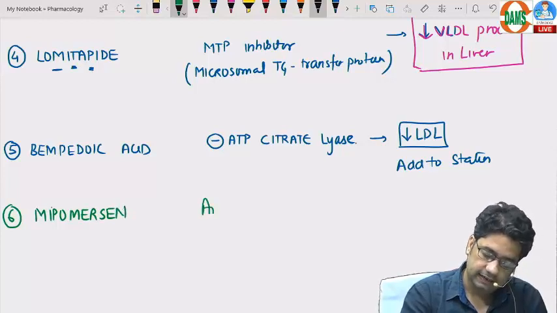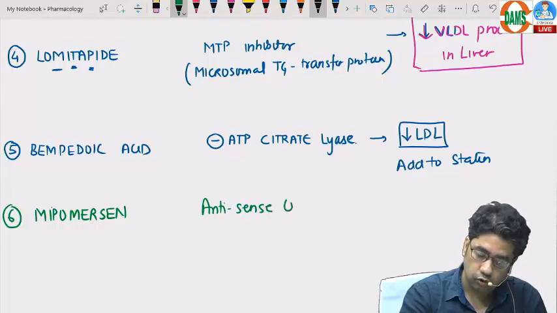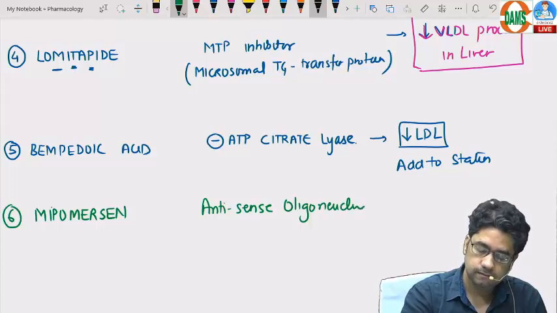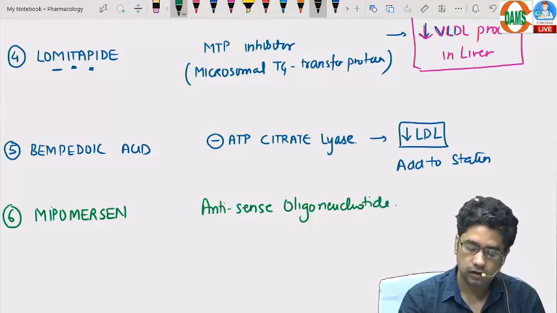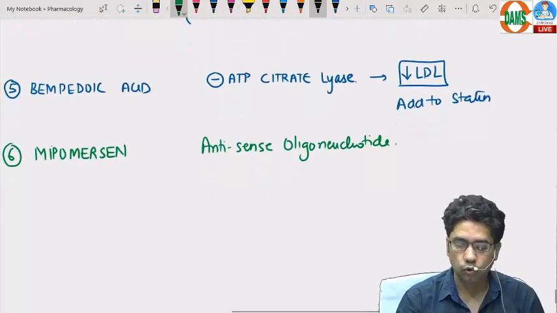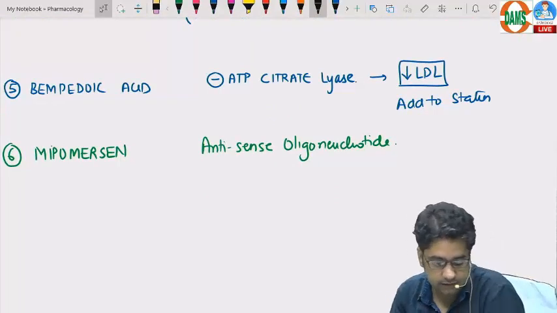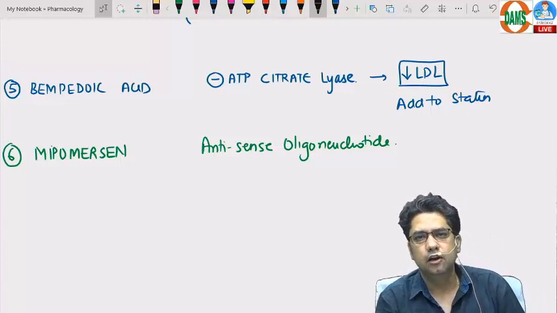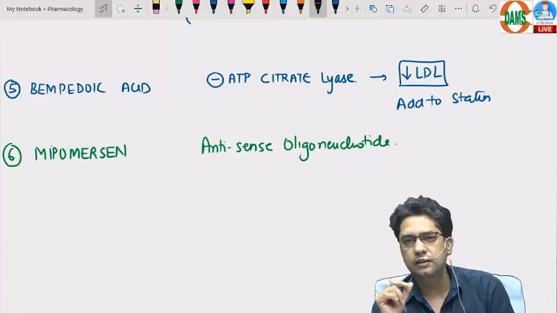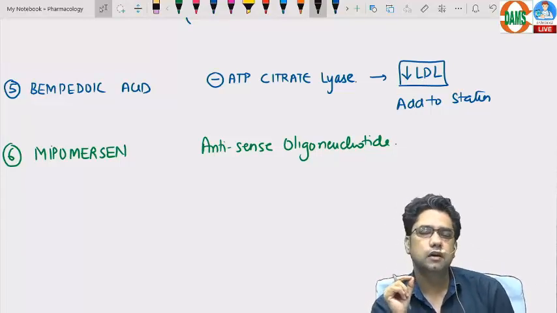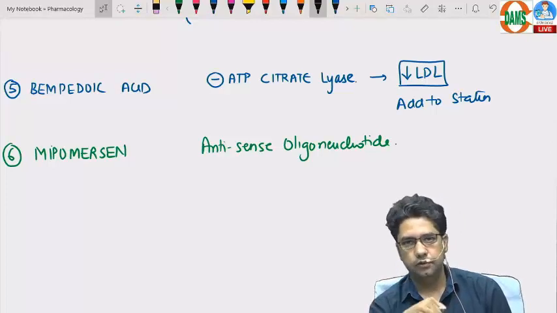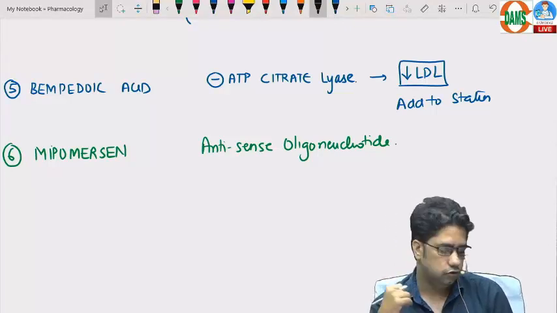You'll write antisense oligonucleotide. एंटीसेंस ओलिगोन्यूक्लियोटाइड. अरे ये क्या चीज है यार, बड़ी खतरनाक सा नाम लग रहा है, इसको समझ लो. देखो बच्चों, एक बीमारी होती है. There is one disease which you will learn in biochemistry. This chapter is very much related to biochemistry.